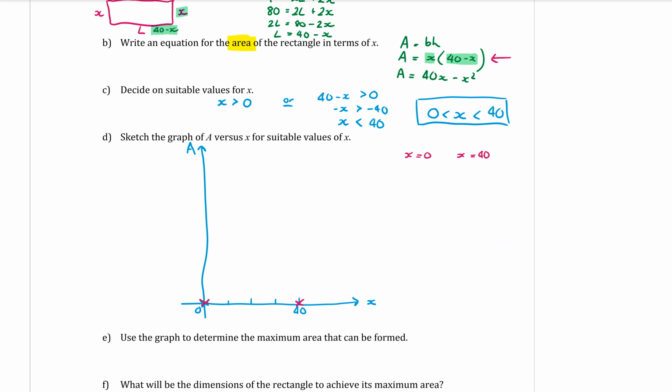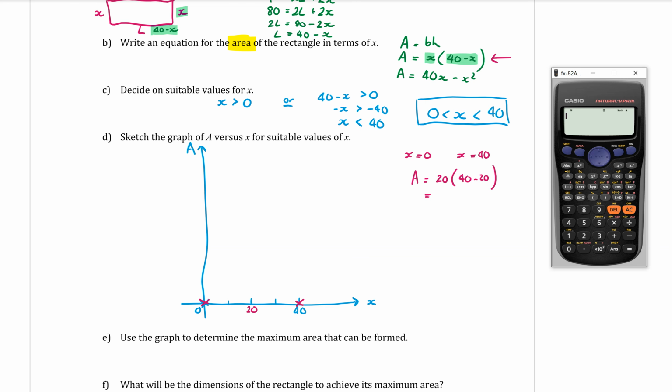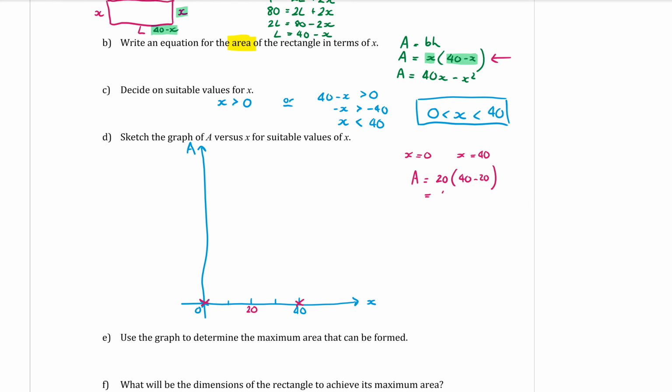And I want to find my turning point now. The turning point is going to be right in the middle of those two intercepts, so it's going to be here at 20. And all I need to do is sub 20 into my equation to find out what A is. So using my formula, A equals x is 20, so 20 bracket 40 minus, not x, 40 minus 20. Okay, we type that in our calculator and we get 20 times 20, we get 400.